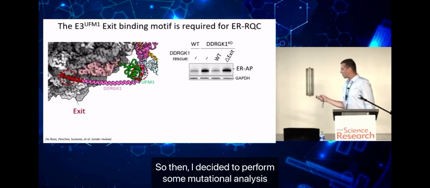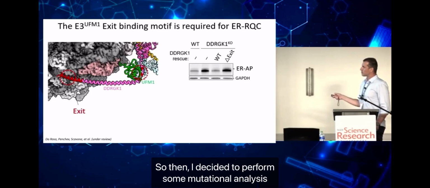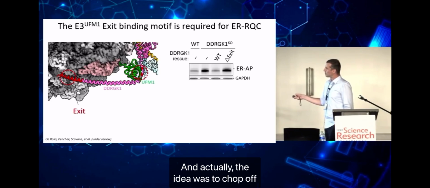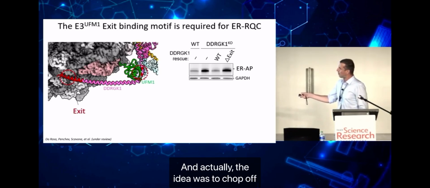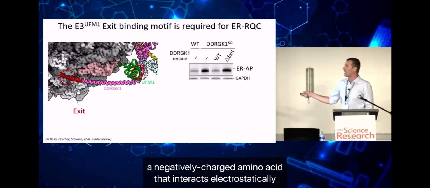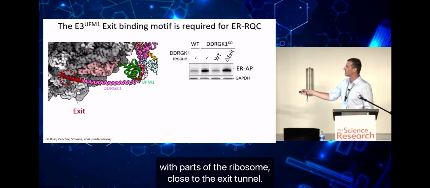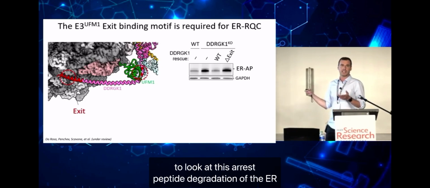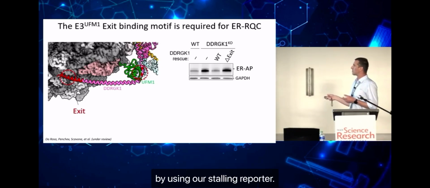So then I performed some mutational analysis on DDRGK1. The idea was to chop off this region, this domain that has negatively charged amino acids that interact electrostatically with the parts of the ribosome close to the exit tunnel. When we removed this, we did the same assay to look at arrest peptide degradation at the ER using our stalling reporter.